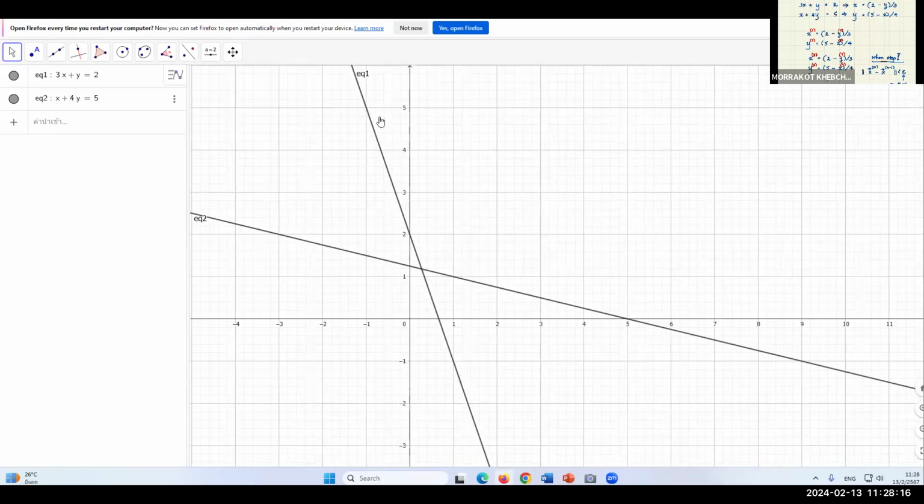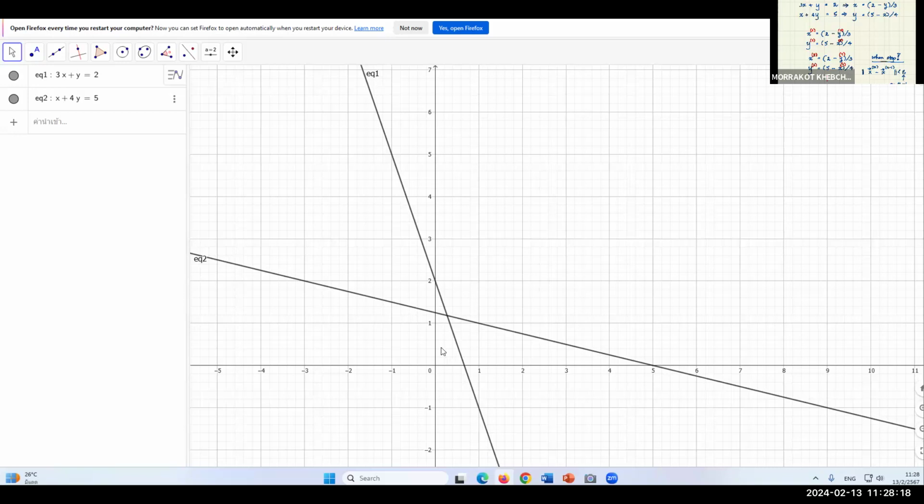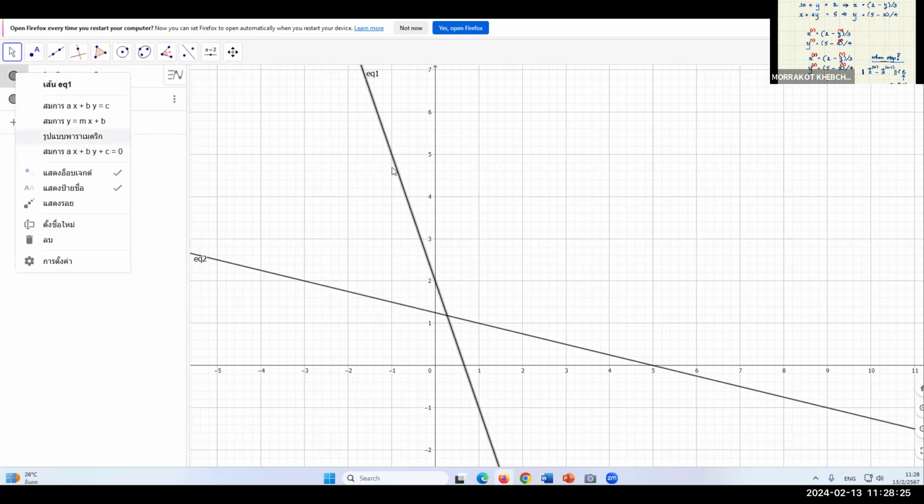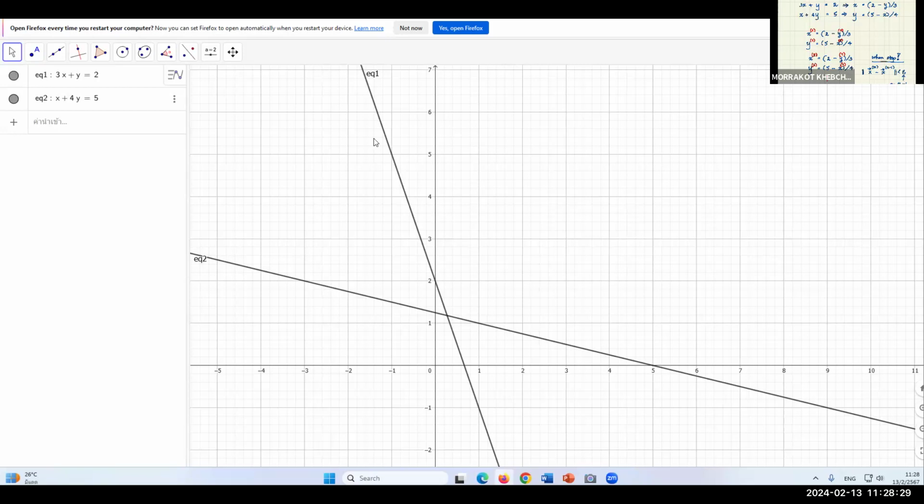Okay, you have two equations. The one here is equation number 1, and this is equation number 2. What is the solution?